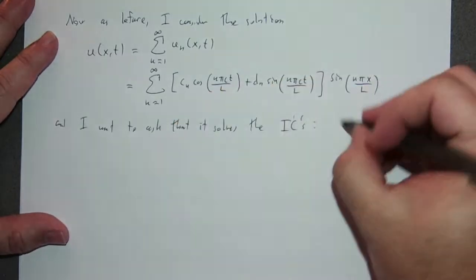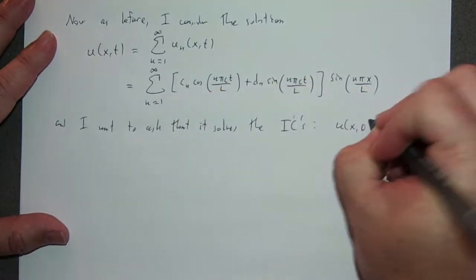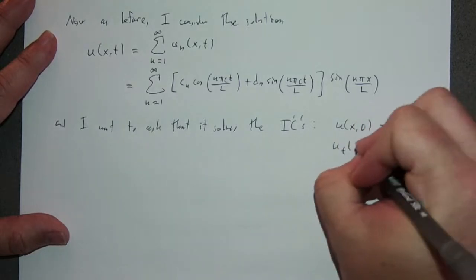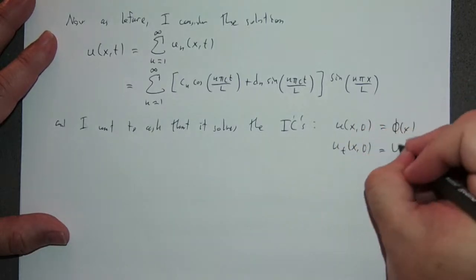So I want u of x, 0 equal to the specified phi of x, and u sub t of x, 0 equal to psi of x.